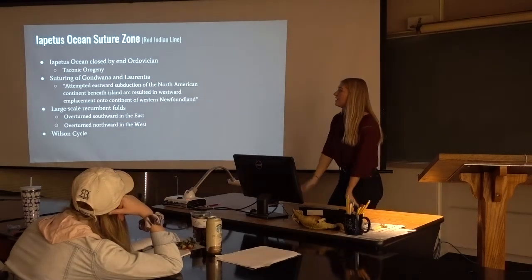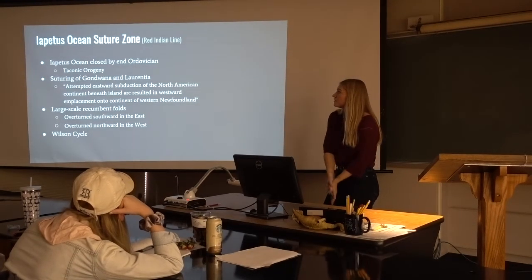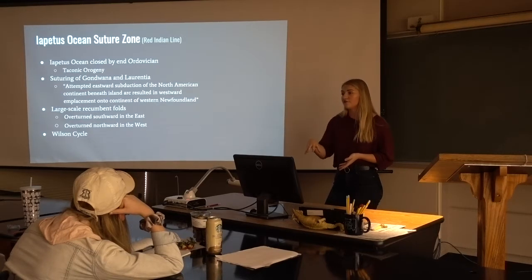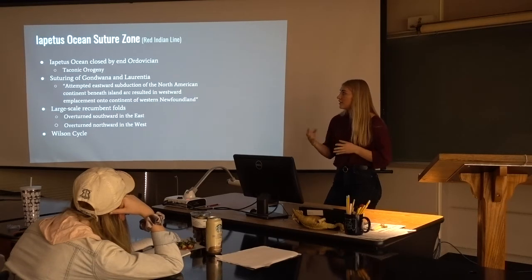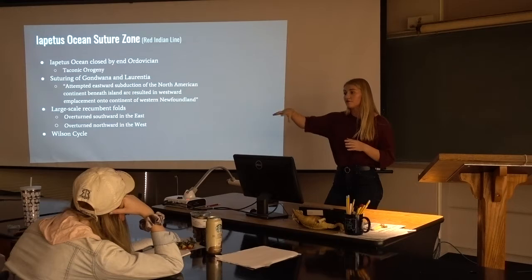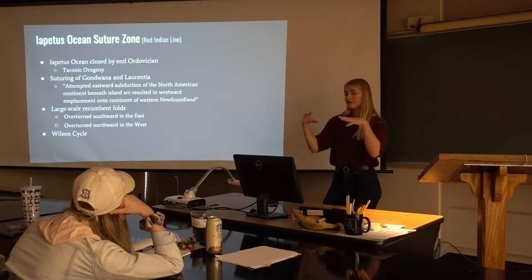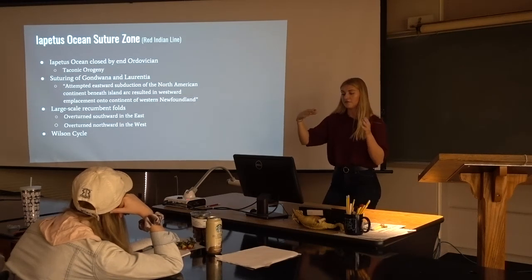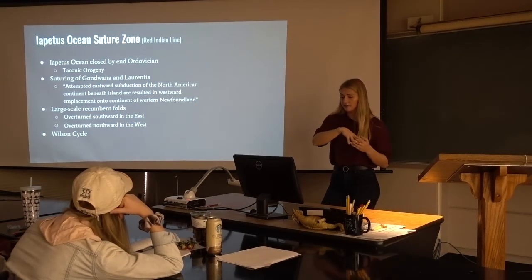So going to the Aegitis Ocean Suture Zone, also called the Red Indian Line. As I said, it was closed by the end Ordovician with the tectonic orogeny. It was the suturing of Gondwana and Laurentia, and it was described as an attempted eastward subduction beneath the island arc, but it resulted in an emplacement onto the continent.